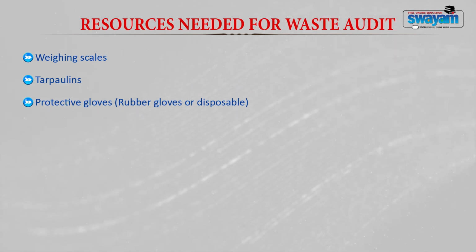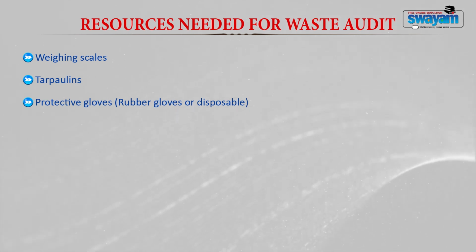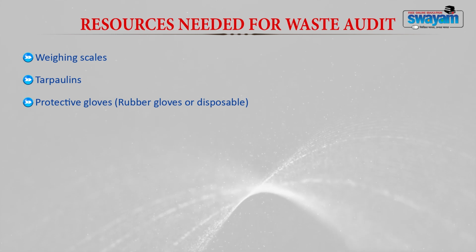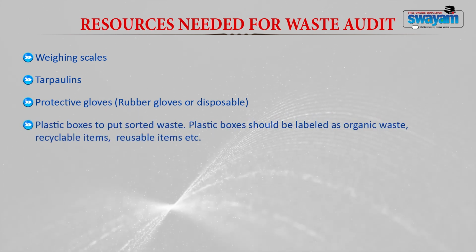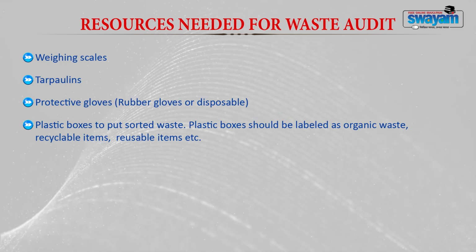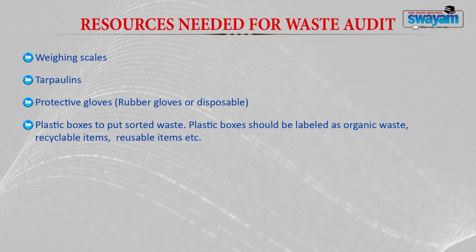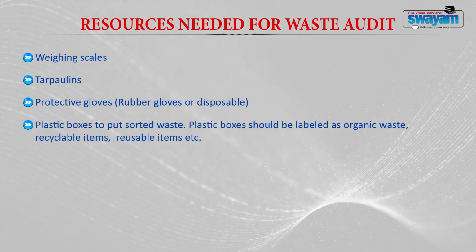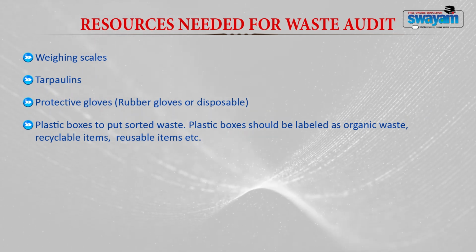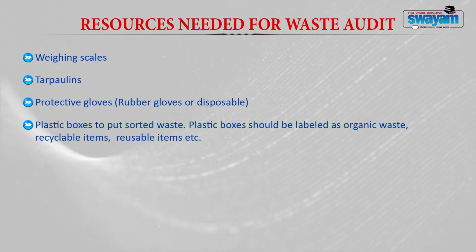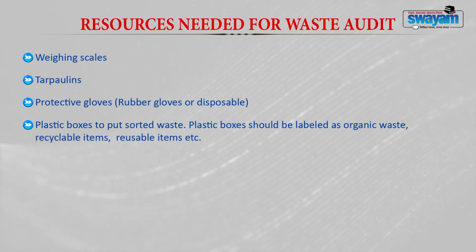These should be used so that participants are not affected by any disease. Then plastic boxes are required, because different types of sorted items from the waste are to be stored, and these plastic boxes should be properly labeled as organic waste box, recyclable items box, and reusable items box.